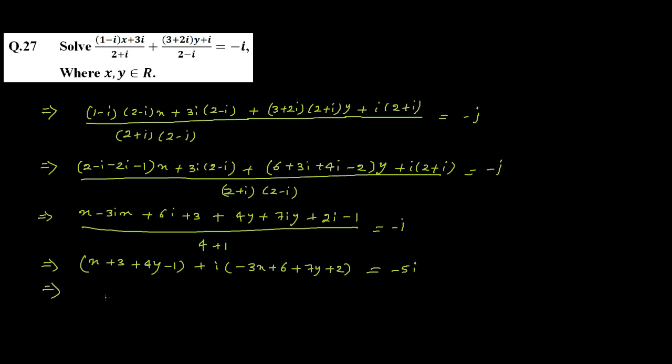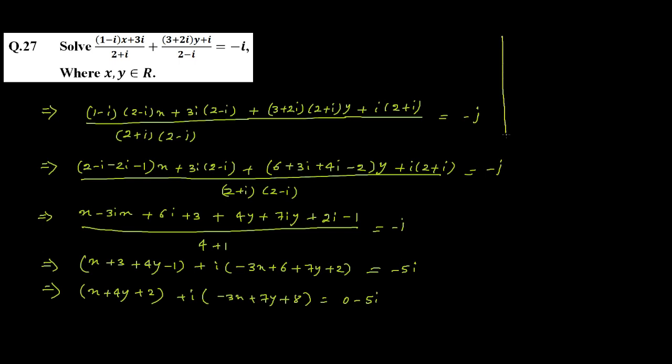Now again simplify this. This can be written as 3 minus 1, that is 2. So I can write x plus 4y plus 2, plus iota into, this is something like minus 3x plus 7y plus 8, is equal to minus 5 iota, or I can write this minus 5 iota as 0 minus 5 iota.